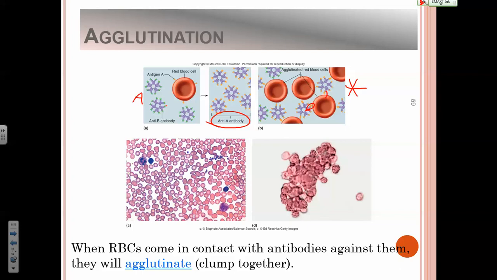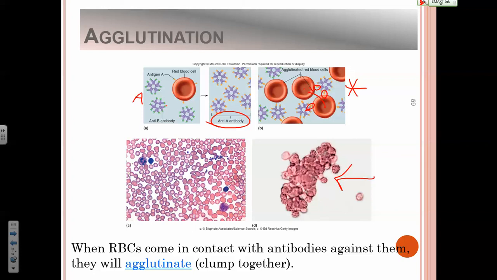But then that one attaches there. Because this one's attached to that one, do you see how it's basically clumping together? Not clotting. This is not a blood clot because there are no fibrin strands in here. But the cells are clumping together. This is the real thing, where a bunch of blood cells have clumped together. That clumping is called agglutination.